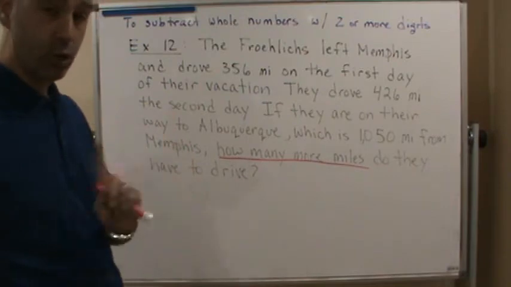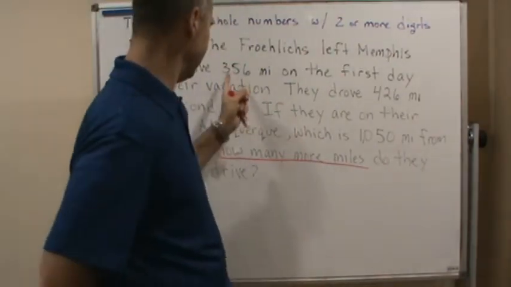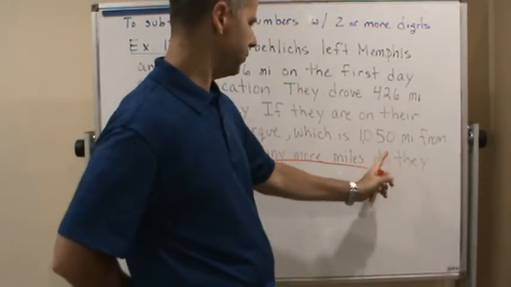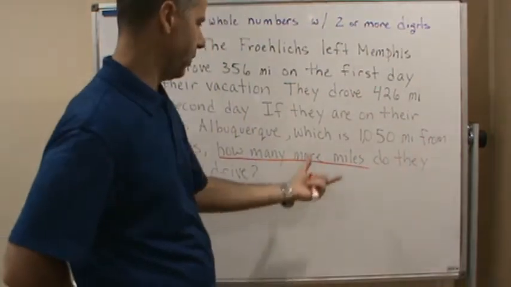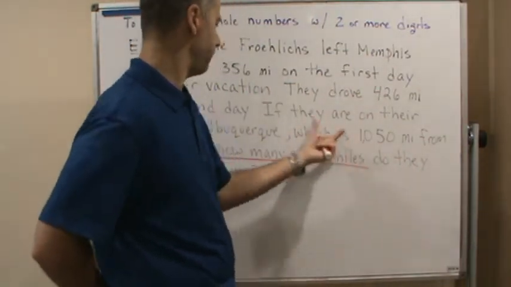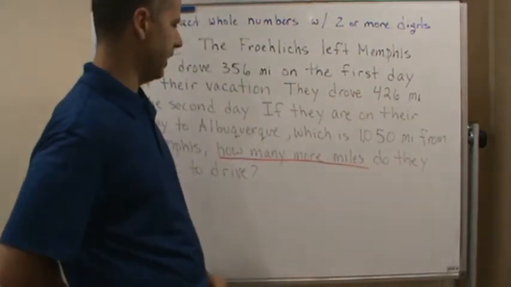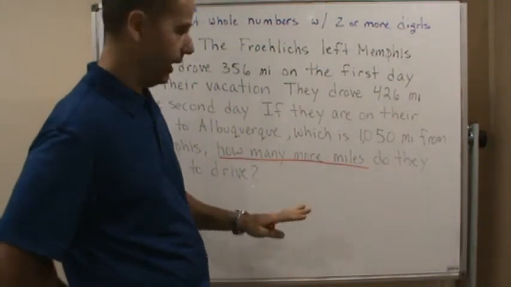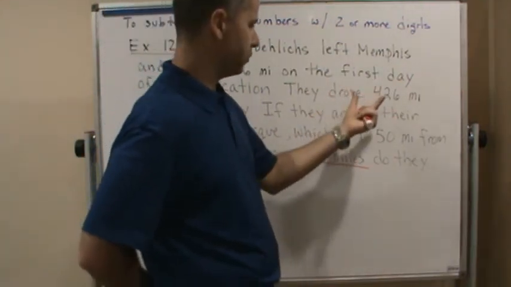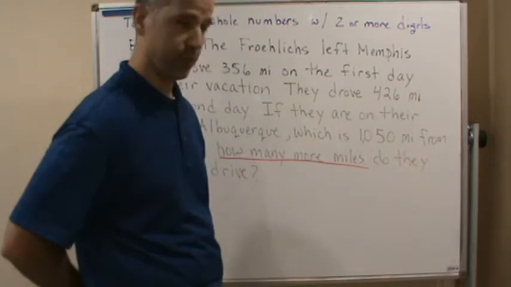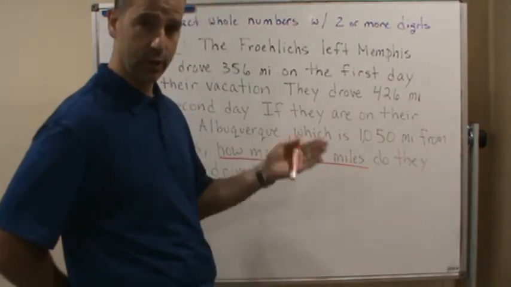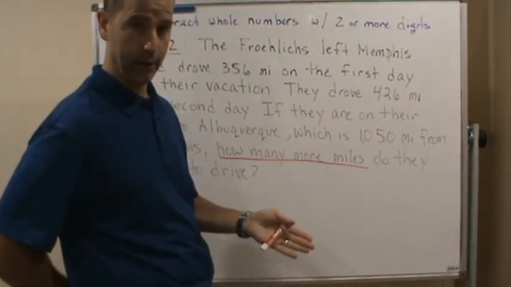Now you could also subtract each one of these individually from 1,050. I could take 1,050 minus 356 and get an answer, and then subtract 426 from that answer. I could do it in two steps that way as well.